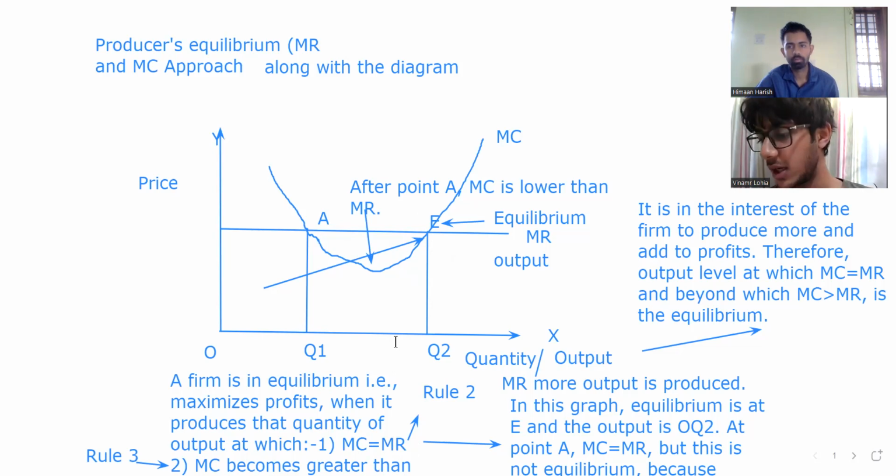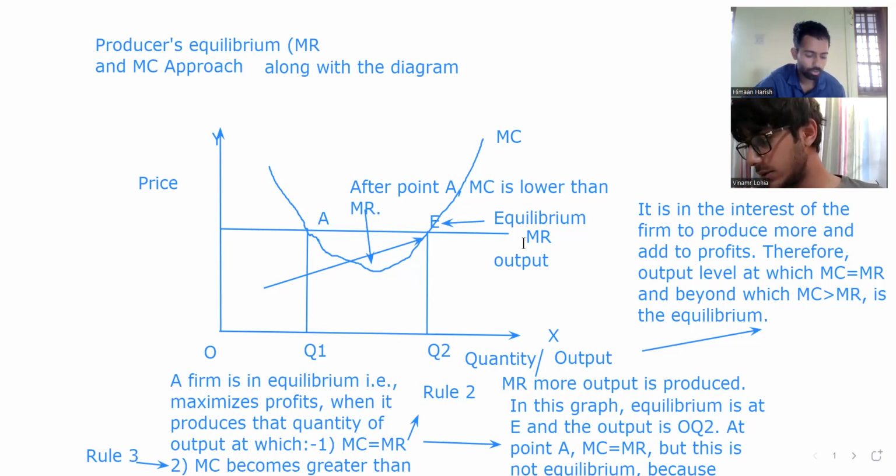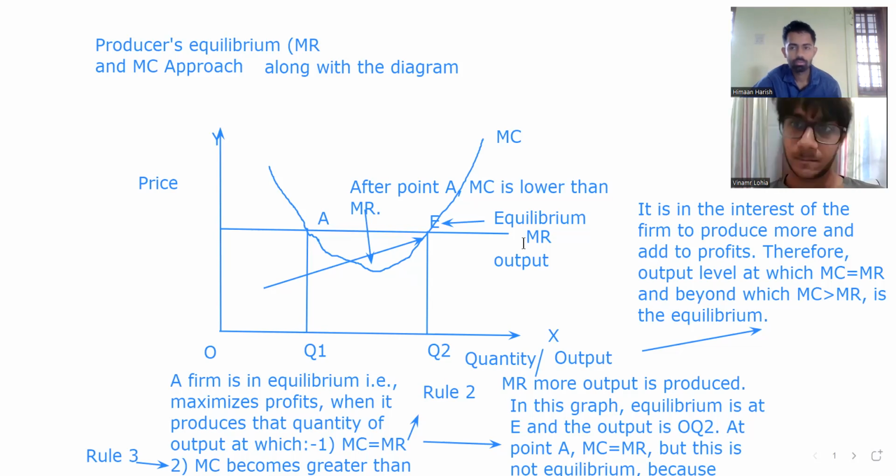In this there is rule number 1 also, no? Yes, rule number 1, we read it in the notes. Just follow the notes, because I have just given the two order conditions: MC is equal to MR and MC cuts MR from below. But in the notes, there is a rule 1 also, where price or average revenue is more than average variable cost.